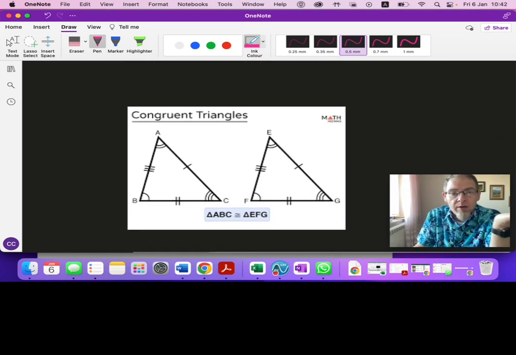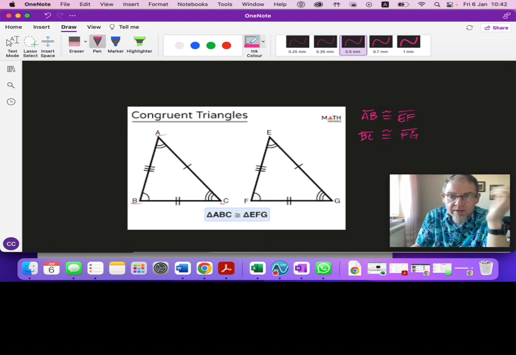So if we look at this diagram, we can see that triangle ABC, which is this one here, is the exact same, or congruent with the other one, because all of the corresponding sides, AB is congruent with the side EF, and BC is congruent with the side FG.